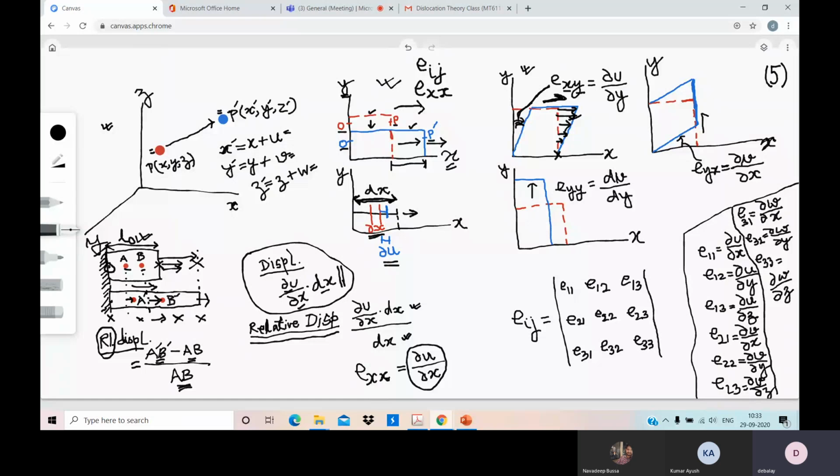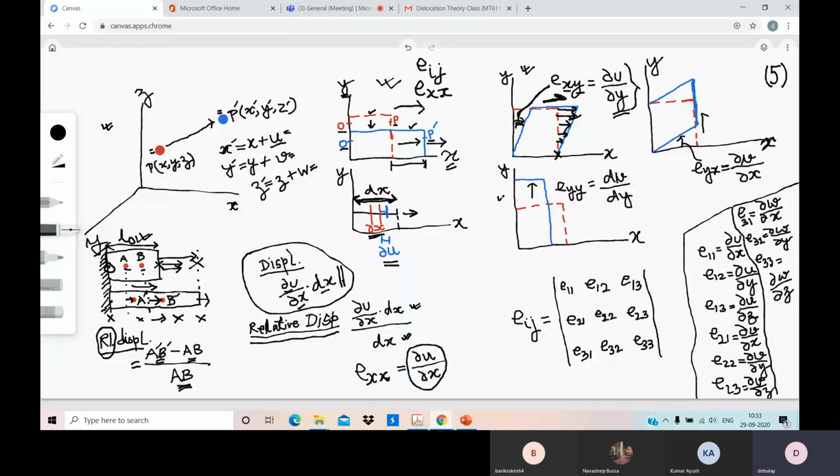The displacement is proportional to which direction? That is y. And we will write this in the form of del u del y, because displacement along x we write as u, and since it is proportional to y, I will write this component as del u del y.